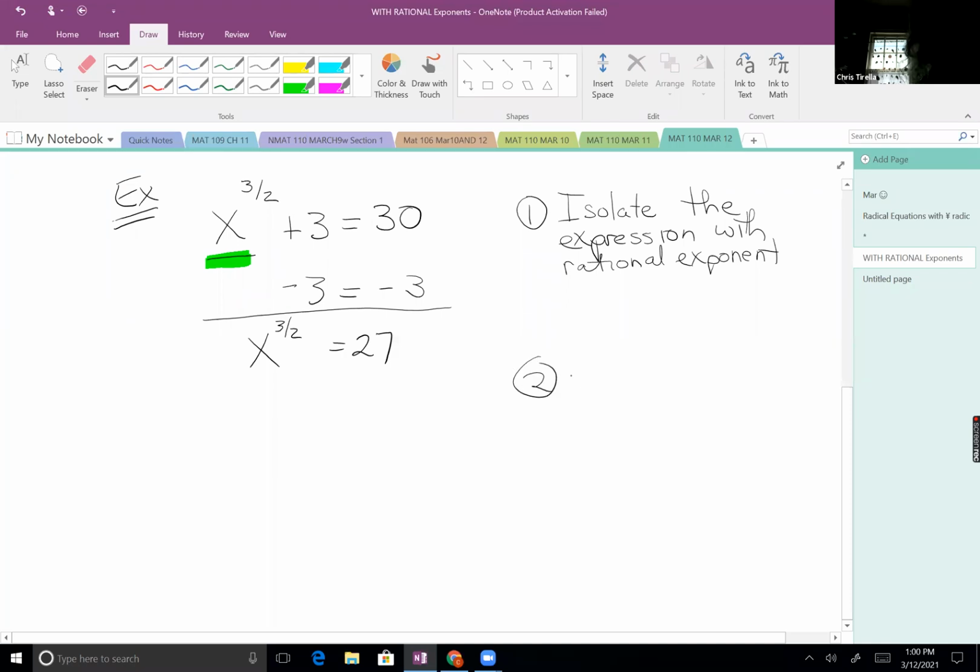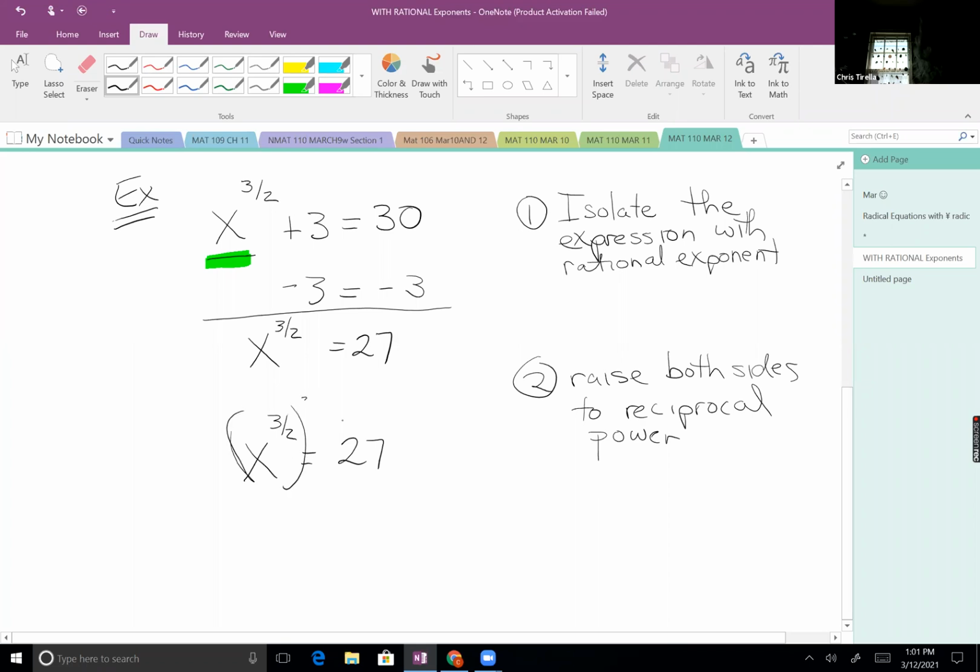Next thing we're going to do is we're going to raise both sides to the reciprocal power. So where I have x to the 3/2 equals 27, the reciprocal of 3/2 would be 2/3.